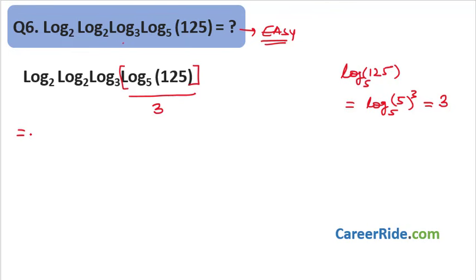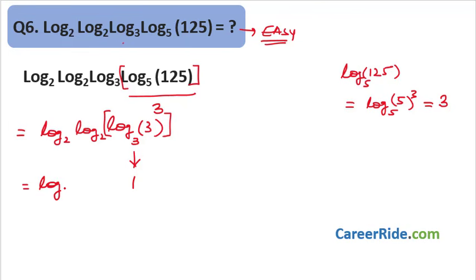Now the question becomes log base 2, log base 2, log 3 to the base 3. Now if we solve the RHS again one step, this much is the part that we have to solve, and this is nothing but log 3 to the base 3, whose value we know is 1. So the question now becomes log to the base 2, log to the base 2, log 1 to the base 2.